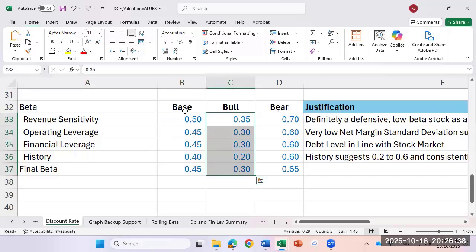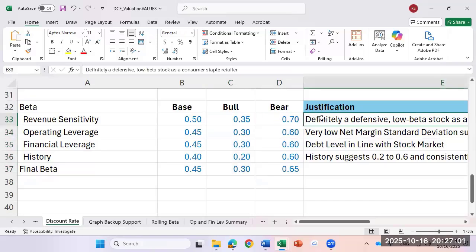My base case is what I feel is right in the middle of where the stock should be, versus where it's been historically and what I think it is as a company. The bull case is the lowest beta you can get. The bear case is your highest beta, because the lower the beta, the higher the valuation; the higher the beta, the lower. And then I put some comments over there. So it's essentially subjective.